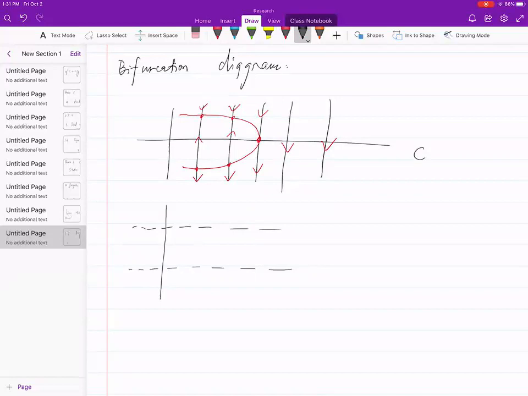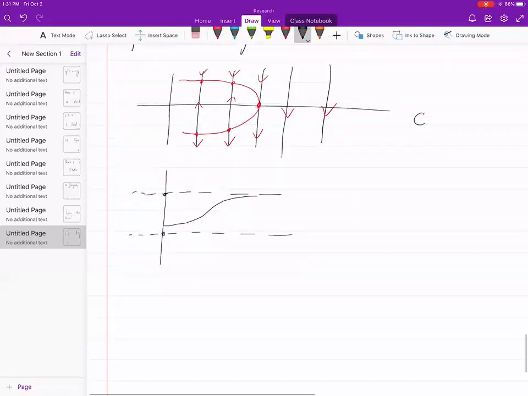That means this. For no harvest, we have two equilibriums. The growth should be like that. This is no harvest. Still okay?